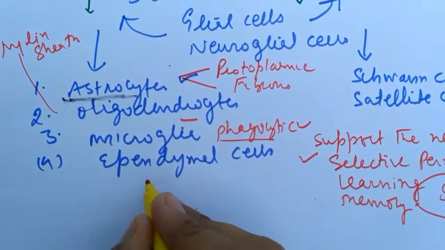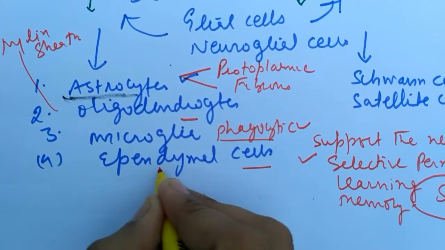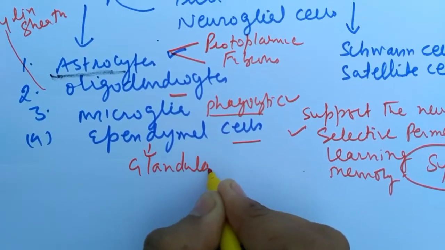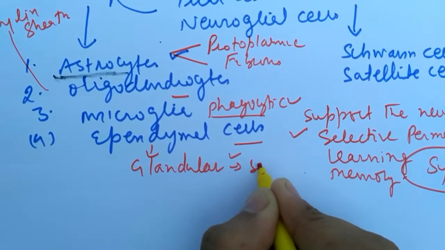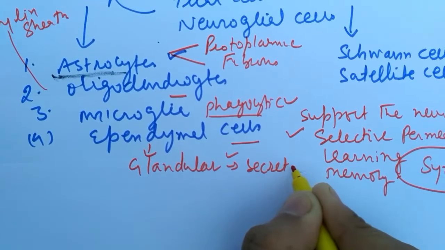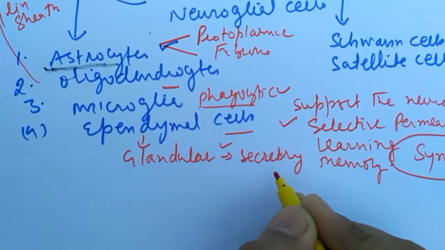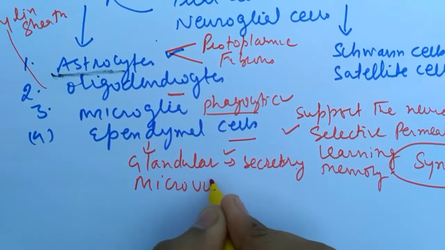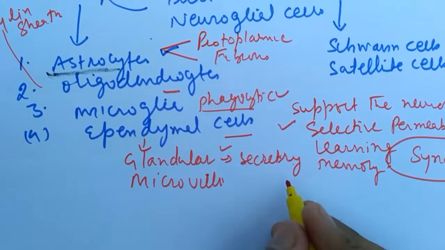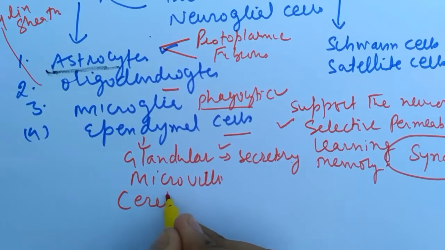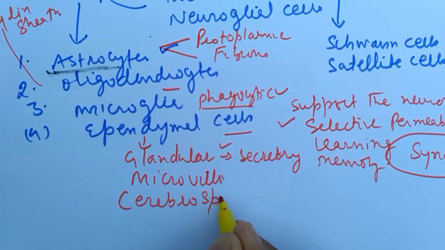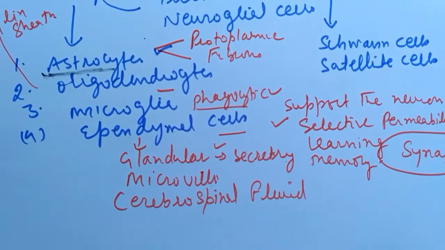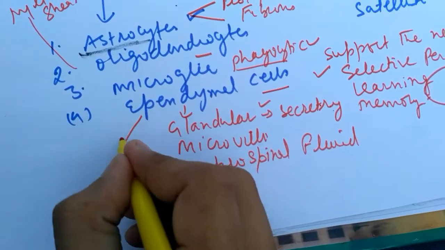The next type of cell is the ependymal cell. They are glandular in nature, that is secretory. They have microvilli that help in secreting the cerebrospinal fluid. They are found in the ventricles of the brain.